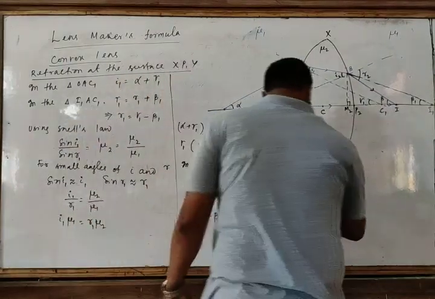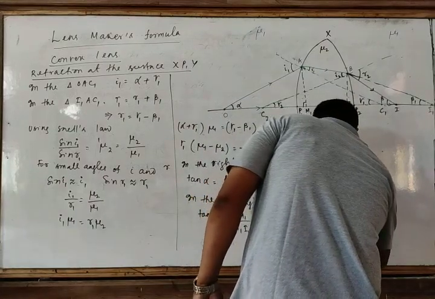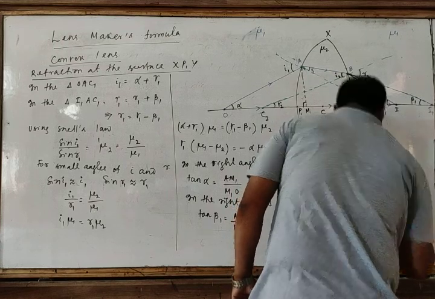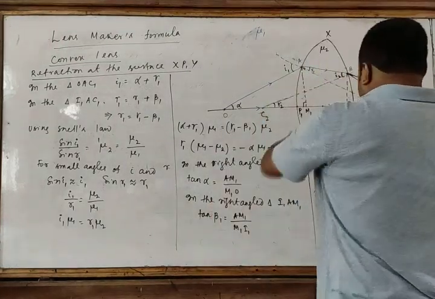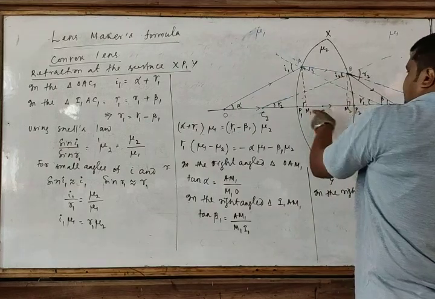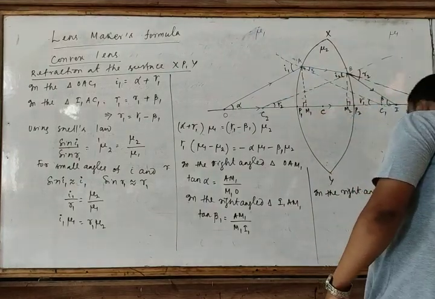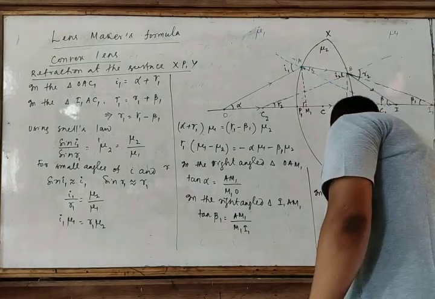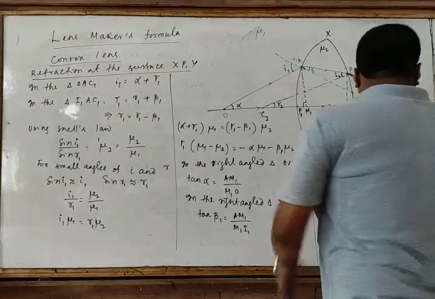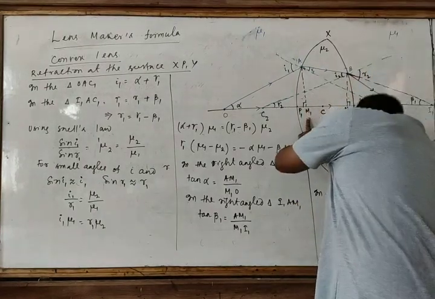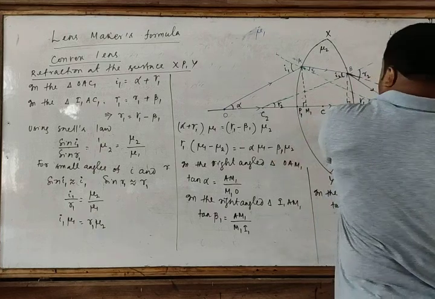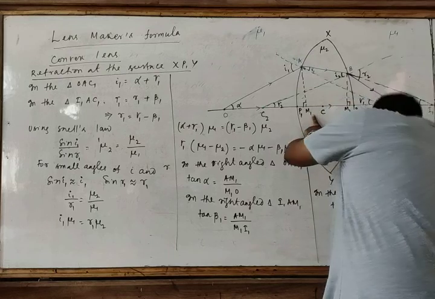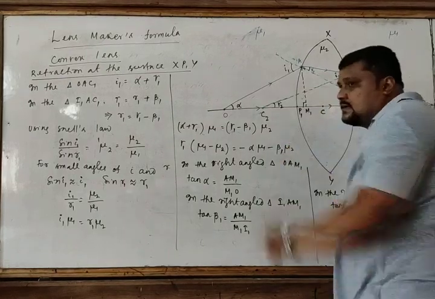In the right angle triangle AM1C1, tan gamma 1 is equal to AM1 divided by M1C1.